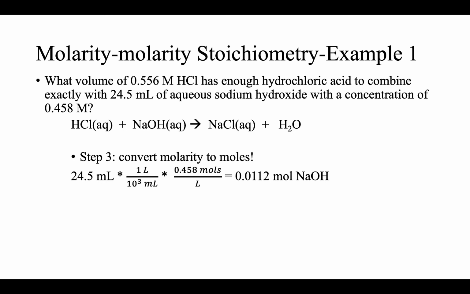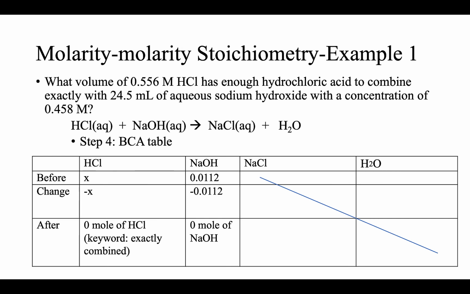Here 24.5 milliliters is the solution volume. I have to convert it from milliliters to liters first, because I need to multiply by the molarity, which is in moles per liter. Multiply that by 0.458 moles per liter, and I get 0.0112 mole NaOH, the number of moles of my solute inside the solution.